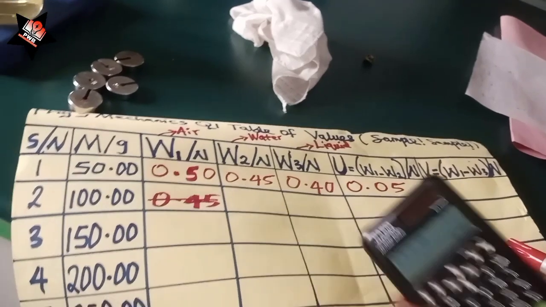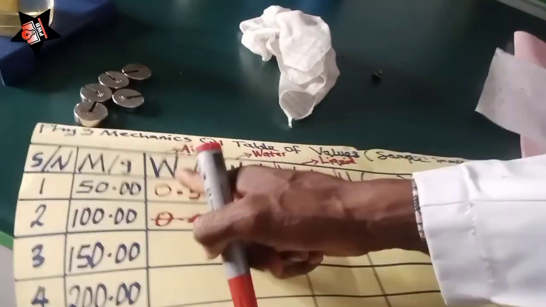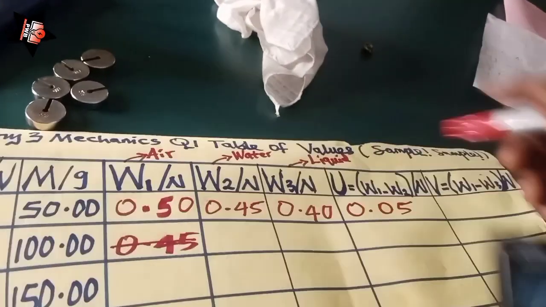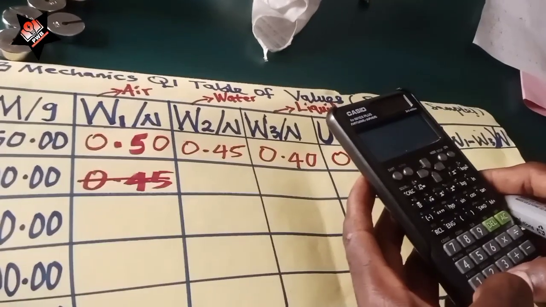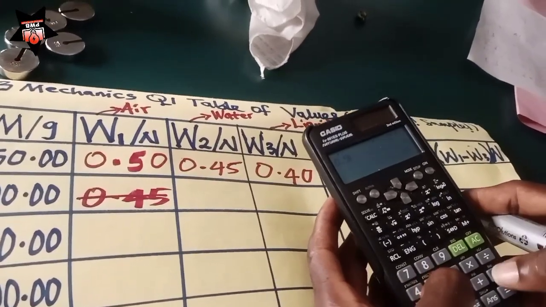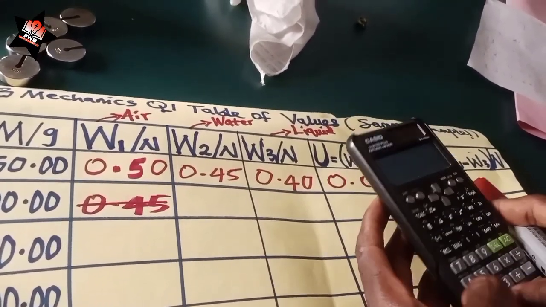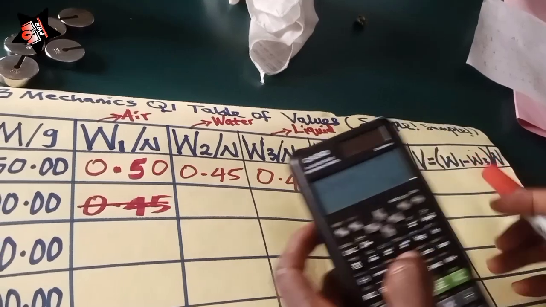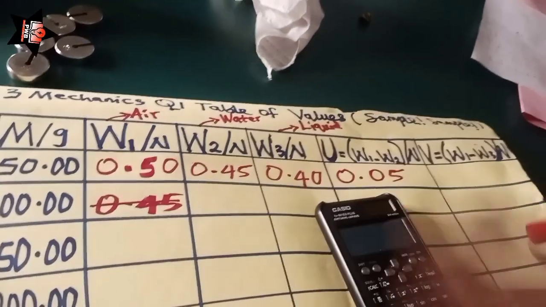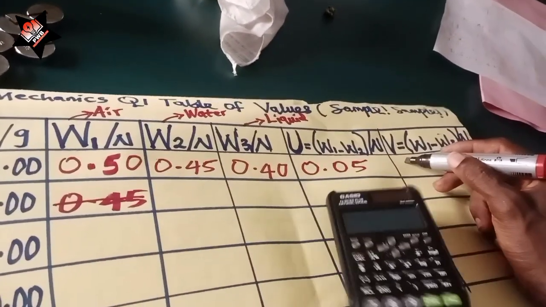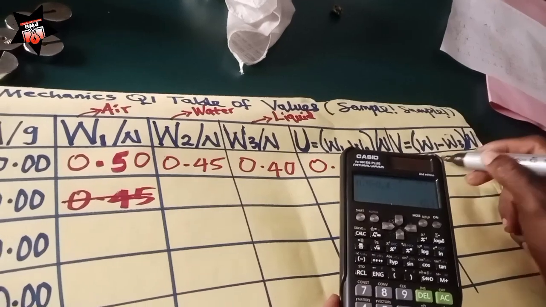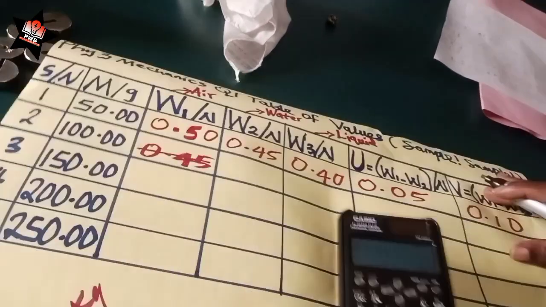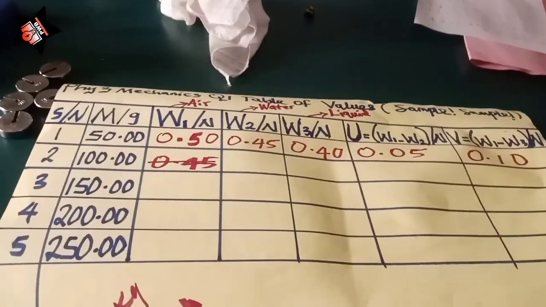Our V is W1 minus W3. So we record 0.5 minus 0.4. Our V3 is 0.1. We record it as 0.10.